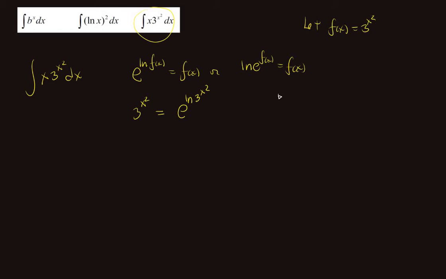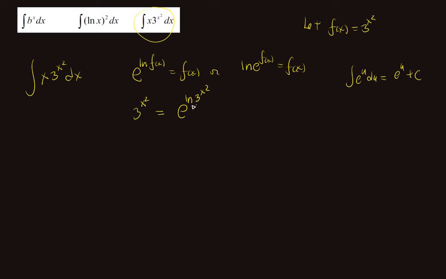And we want it this way because the integral of e to the u du is much easier to solve. This is always going to be e to the u plus c. That's what we want, to reduce the complicated integral into one that we can manage.